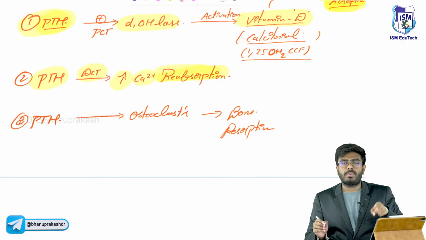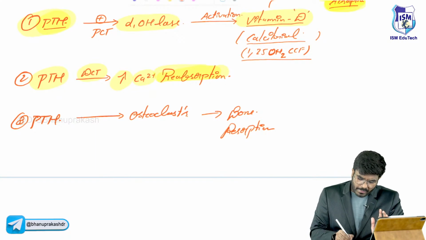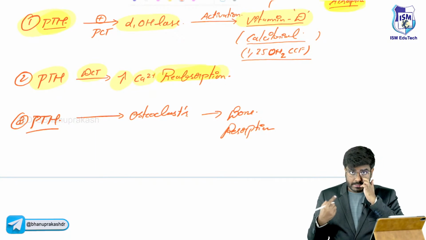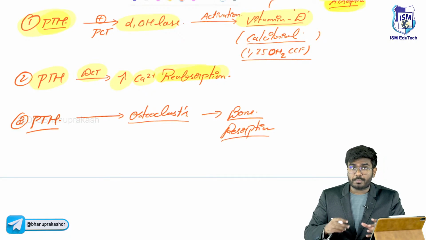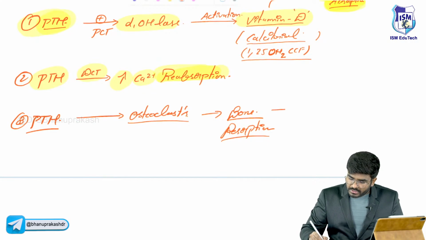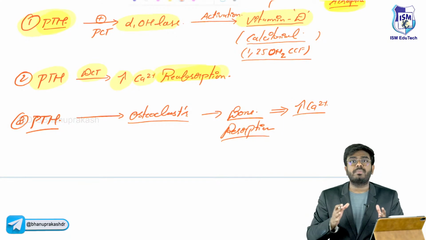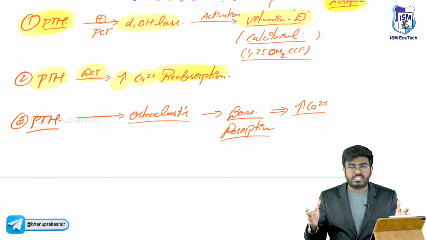First it will activate the osteoblasts. Later they will produce a chemical called RANK ligand. There is a complex mechanism that I will explain to you. But for now, just remember parathyroid hormone in super high quantities is going to activate the osteoclast. When osteoclasts act, bone resorption means breakage. Bone breakdown is going to happen. So what happens to the blood calcium levels? Increases. The calcium is now mobilized from the bones into the blood.